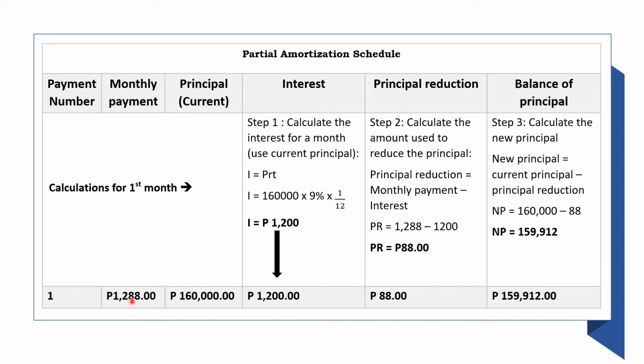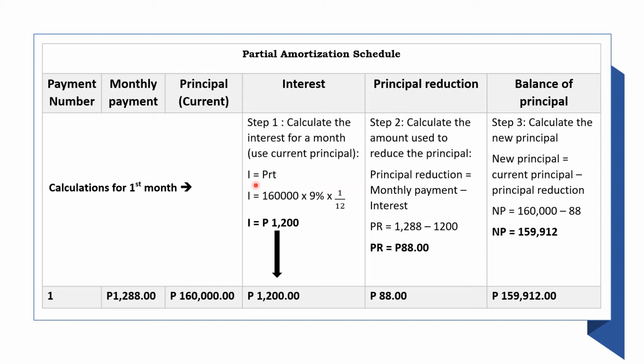Our monthly payment is 1,288 and our current principal is 160,000 pesos, since this is our first payment and no payments have been done before. Let us now compute the interest in payment number 1.